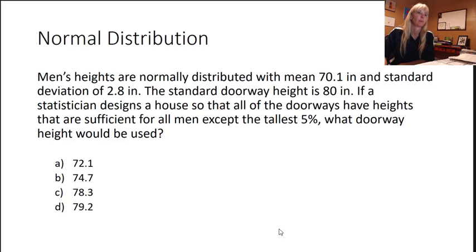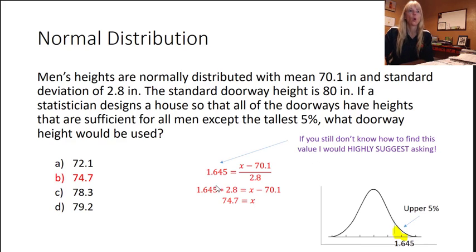All right, what if we want to figure out the height that cuts off the tallest 5%? Well, 5%, how did I get that? Because from all the way to negative infinity up to that value would be 95%, 0.9500. You're looking within the table, not at the Z column. You're looking for the value closest within the table.